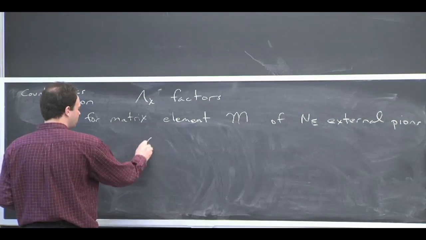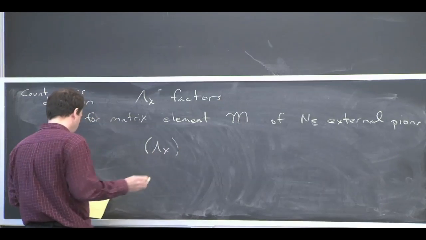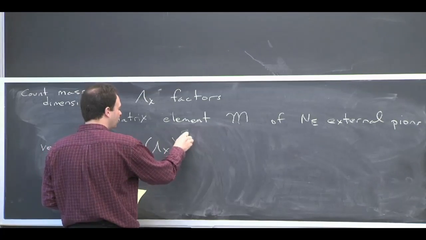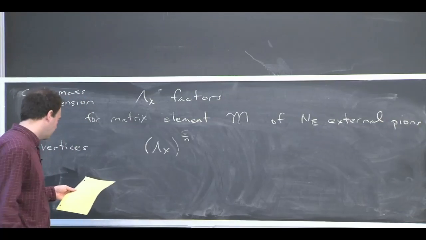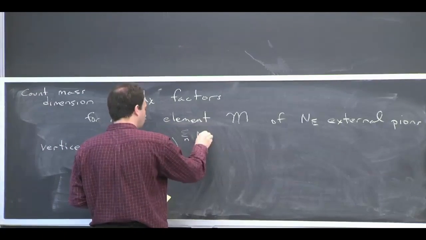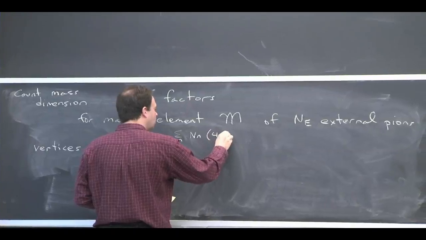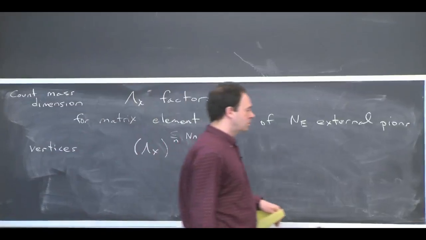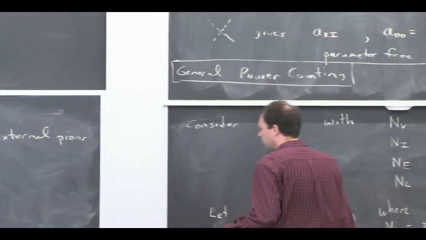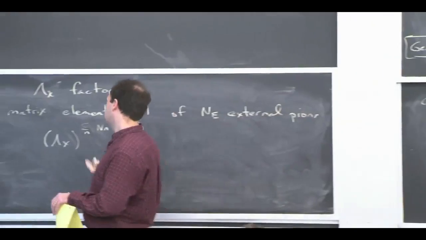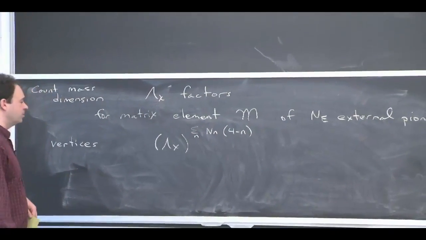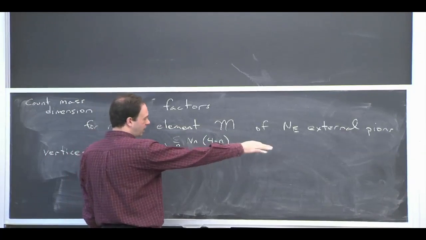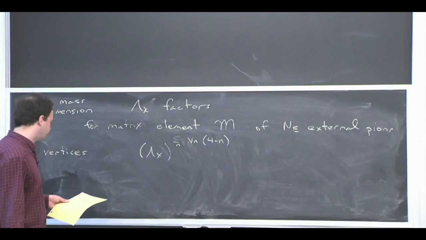So then if we look at the vertices, we can count how many factors of lambda chi there is. And I'm turning all dimensionful things into lambda chi. And so each different order, n, gets a different number of lambda chi's, because we even saw that already in the examples we treated, where we got f squared from the leading order. But from the subleading, we got Li, and that was dimensionless.